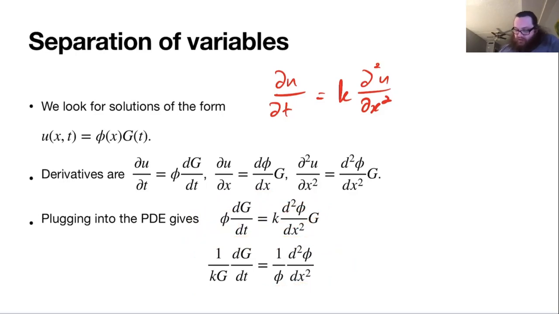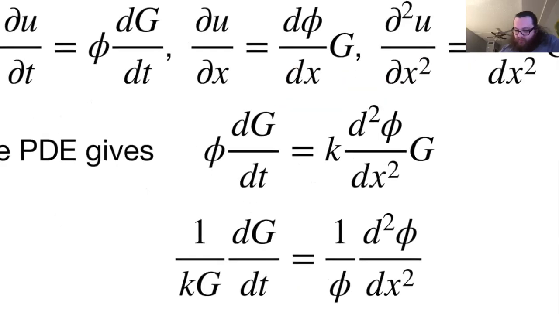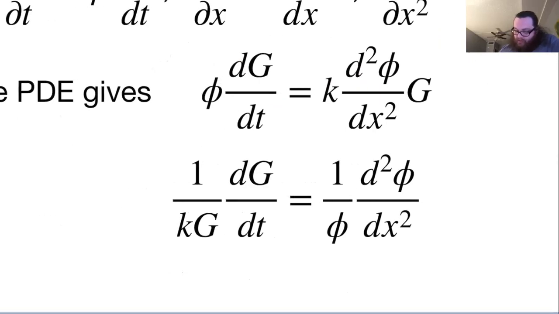An important thing to note is that g is just a function of t. G does not depend on x, so everything on this side is just a function of t.